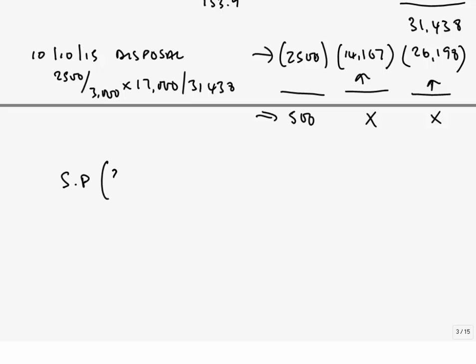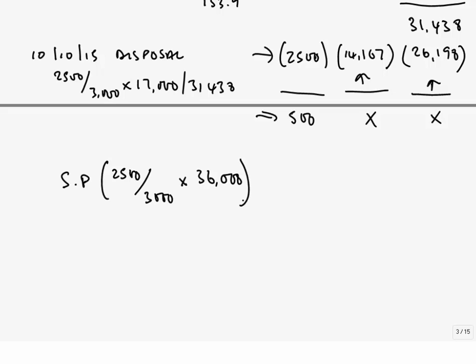Sales proceeds. Remember, this is 2,500 shares coming from the share pool out of not the number of shares in the pool, but how many shares were sold. That was also 3,000 shares. We sold 3,000 shares for £36,000.